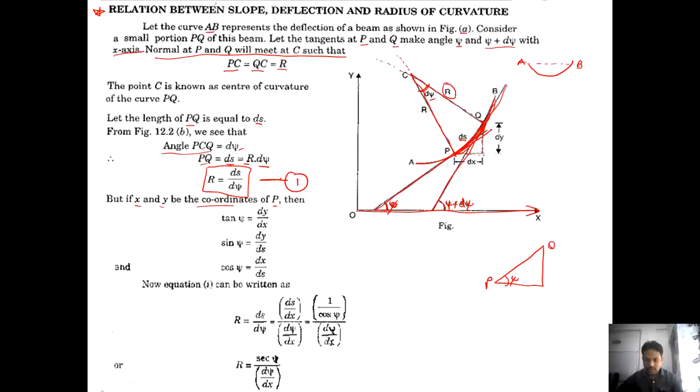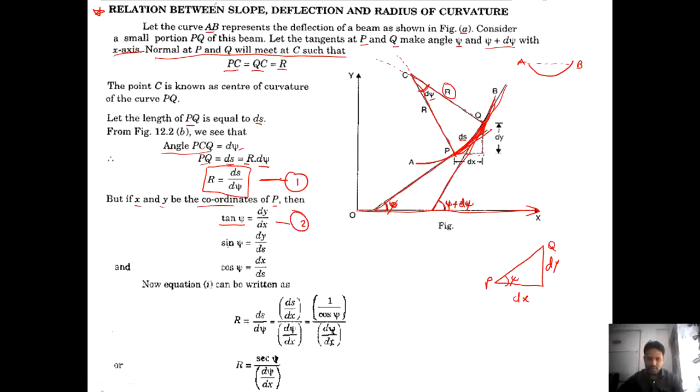On the x-axis we have taken dx, on the y-axis dy. We don't know the length of this portion. Now tan phi is opposite by adjacent, so tan phi is dy by dx.